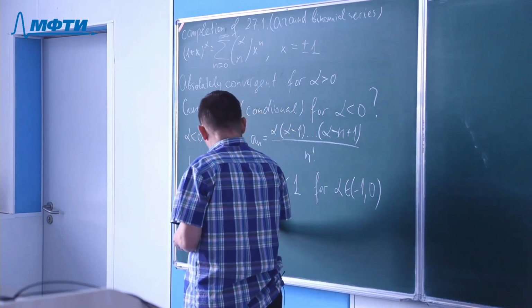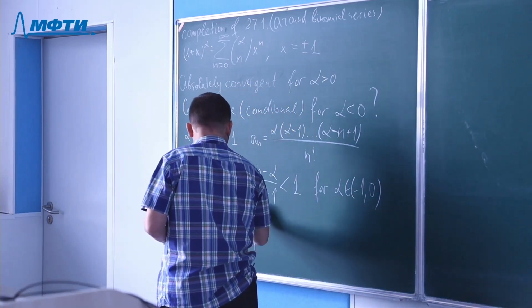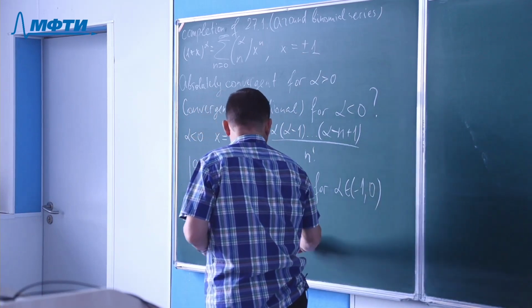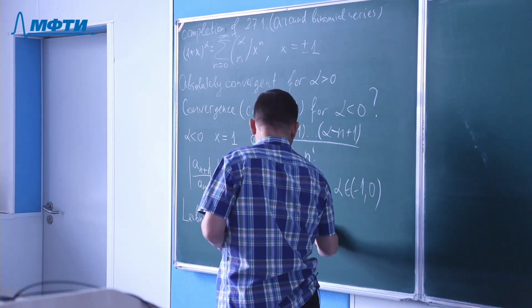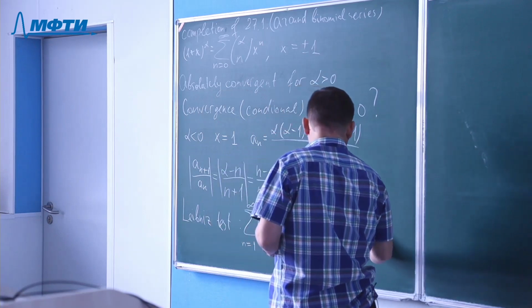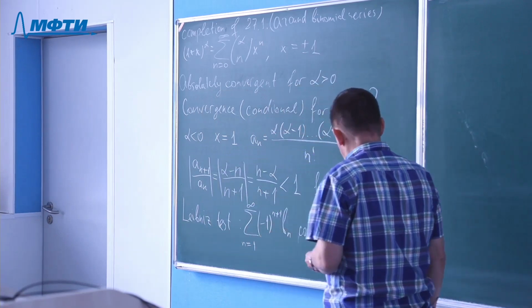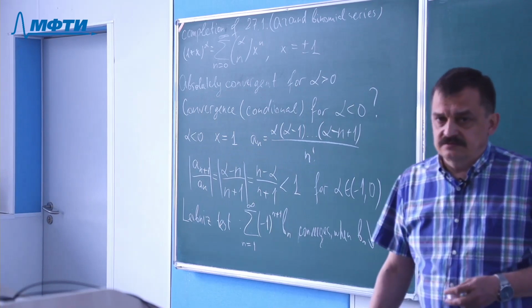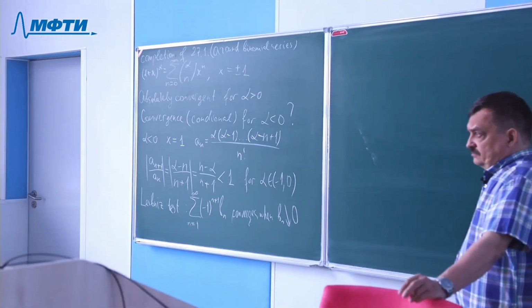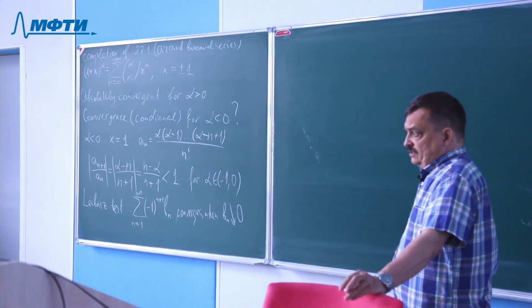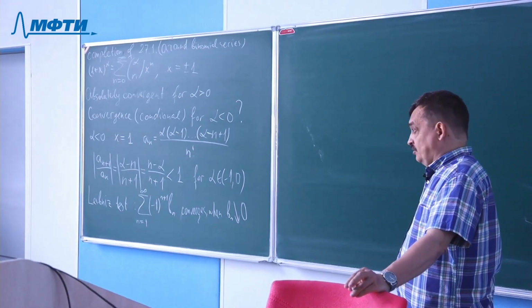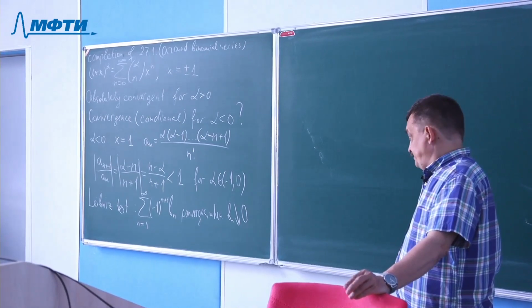So we know that such a series converges when Bn is a monotonically and infinitely small sequence. Monotonically infinitely small sequence.